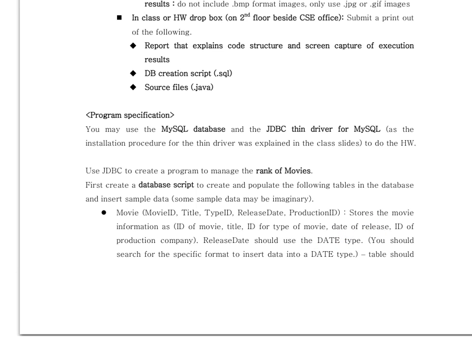Rather than using a string-based type, if you use the date type, you could do some nice things, but actually this is just an exercise for using the date type. You can actually get a lot of information on the internet for using the date type.